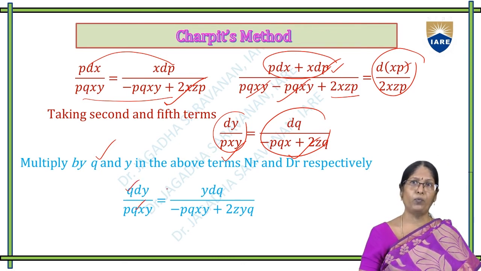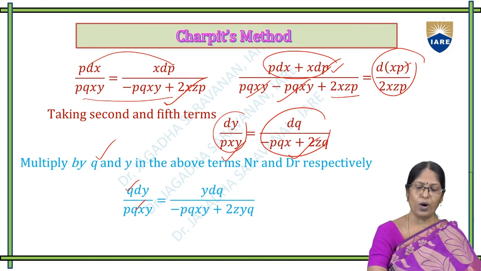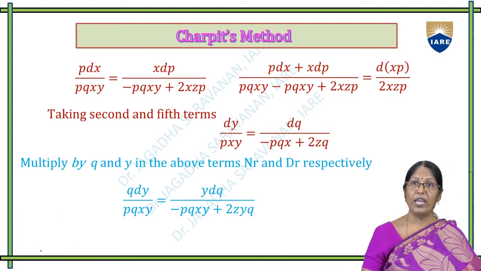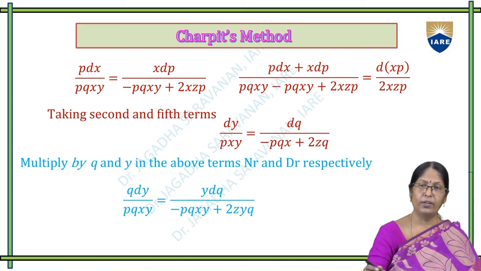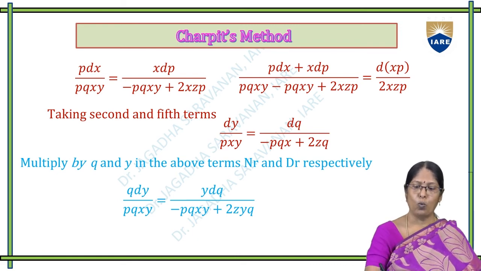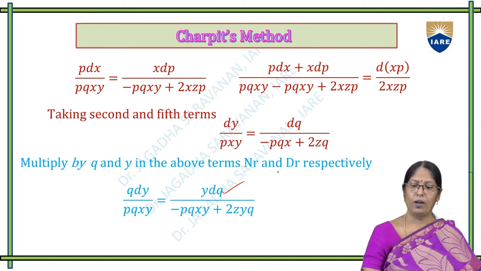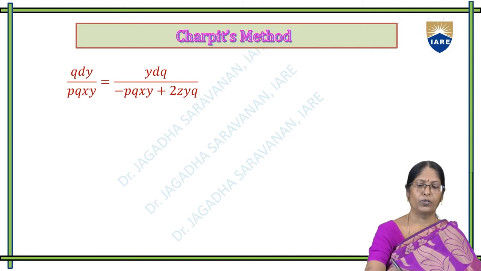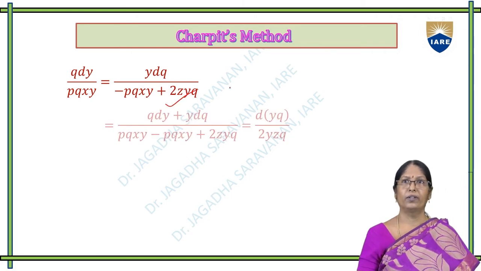After multiplying we got q dy divided by pqxy, equal to, here the fifth member, y dq minus, pqxy plus 2zyq. So this is the result we got.